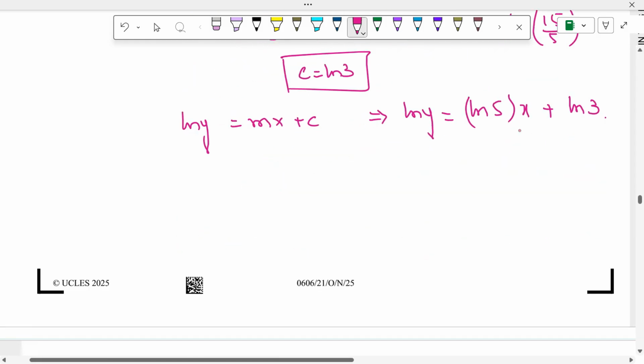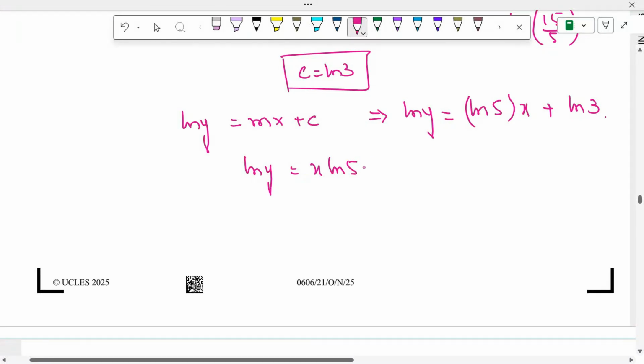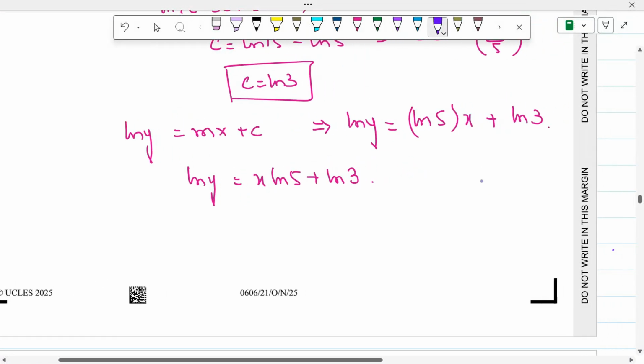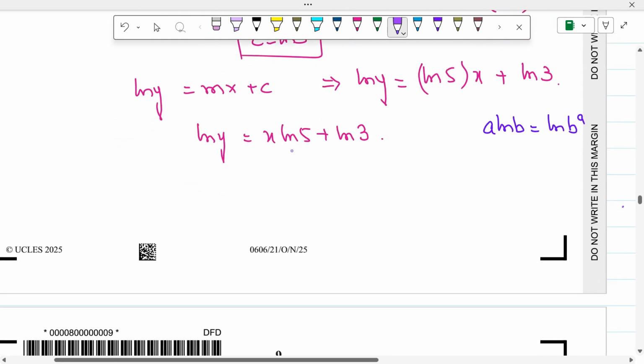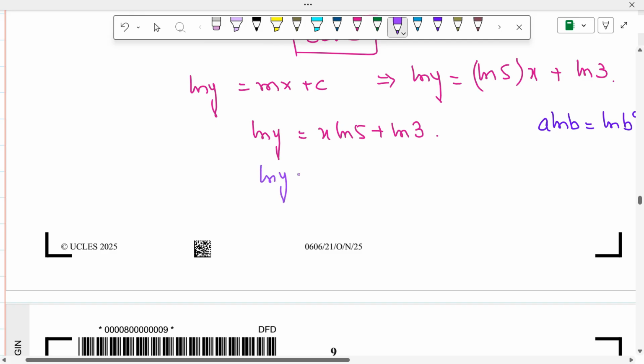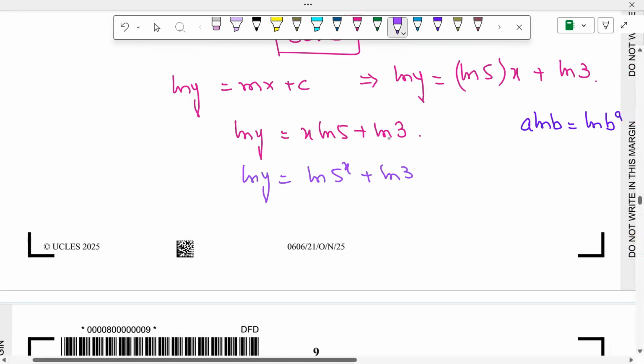So this equation can be written as ln y is equal to x ln 5 plus ln 3. And we know another property of ln, which is a ln b is equal to ln b to the power of a. So we can write this equation as ln y is equal to ln 5 to the power of x plus ln 3.